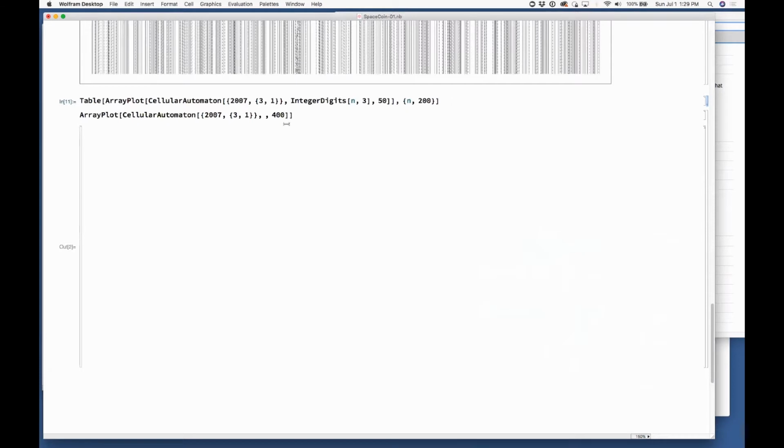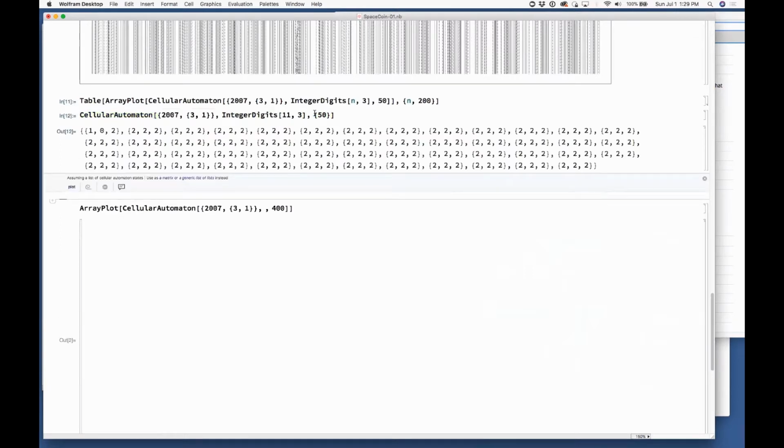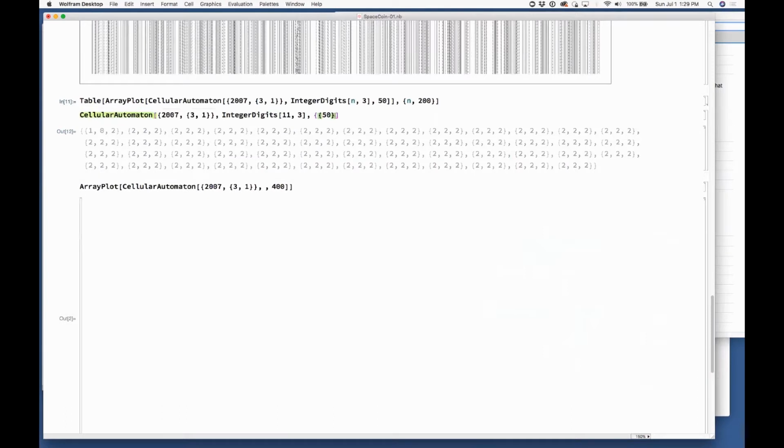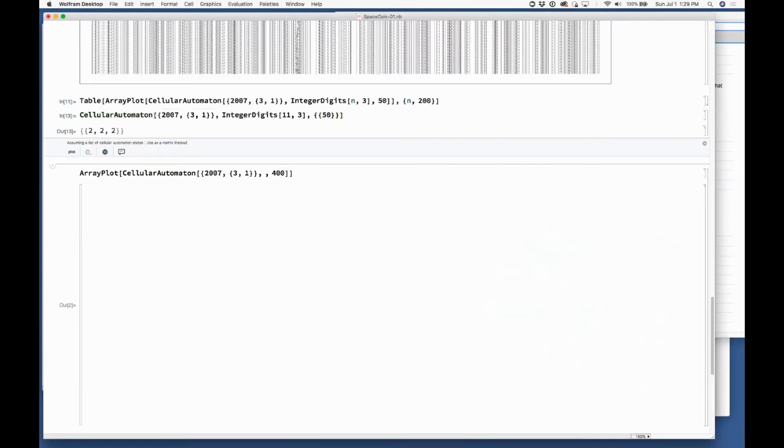Okay, so what we can do here is say that for a particular value, let's say 11, show me the result for step 50. So this will hopefully show me the result for step 50.